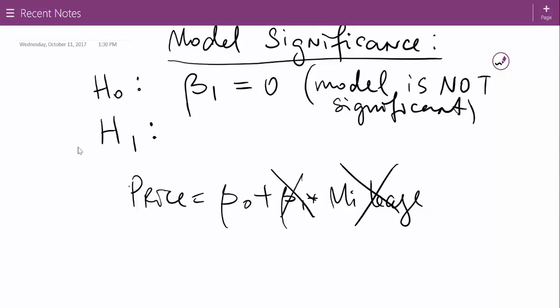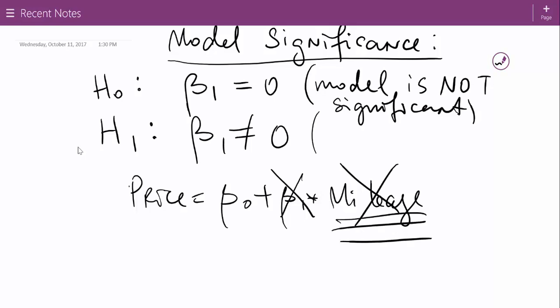Alternative, I told you before, is the opposite of null. If my null says that the slope is 0, the alternative must say what? Not greater, but simply not 0, right? It can be positive, can be negative, anything. Not 0. So therefore the slope is not equal to 0, which means that I cannot take mileage out of the equation, it has to stay.